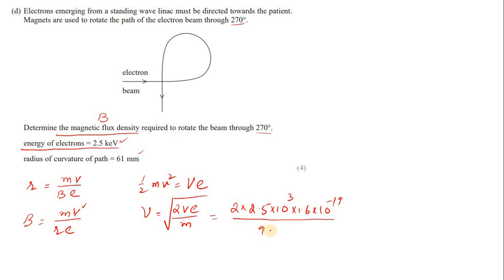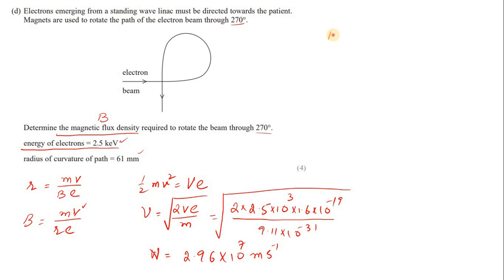Mass of electron is 9.11 10 to the power minus 31, root. So velocity will be equal to 2.96 10 to the power 7 meter second inverse.